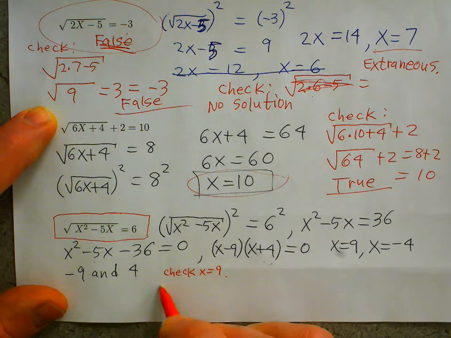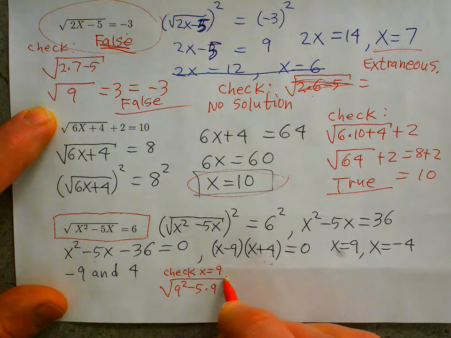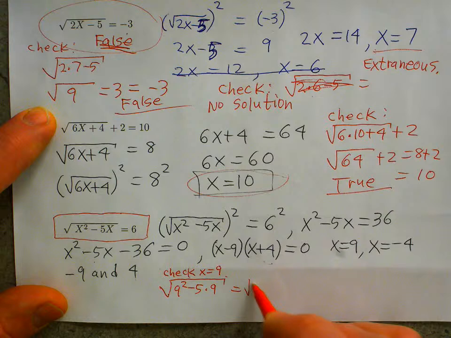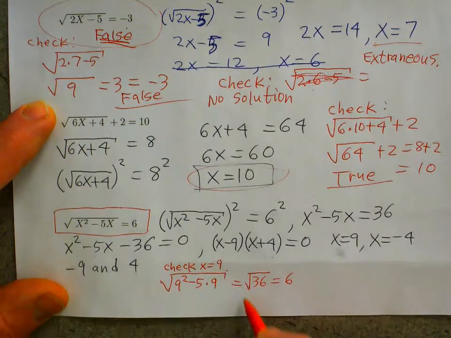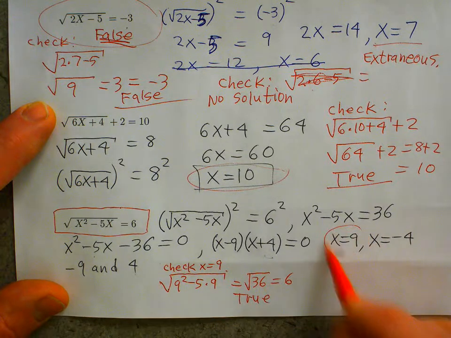So we have the square root of 9 squared minus 5 times 9. 9 squared is 81 and minus 45 is 36. So we get the positive square root of 36 equals 6. That is true. So x equals 9 is a solution.